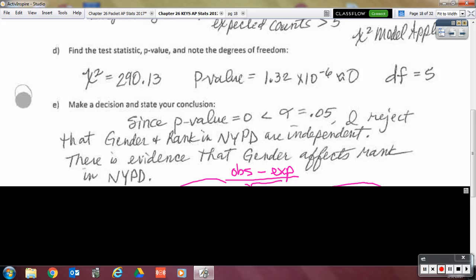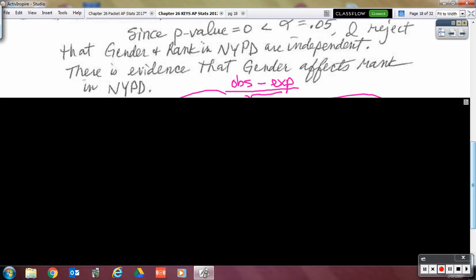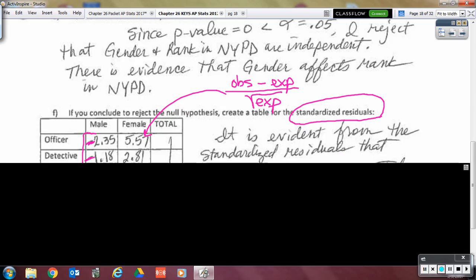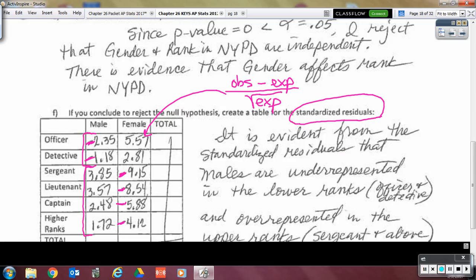Okay, now suppose I want more specific information. I wonder really what is going on specifically amongst those ranks. What do I do to get that more detailed information? Standardized residuals. Let's remember the formula was the observed minus expected over the square root of expected, and I've done that for all of those.